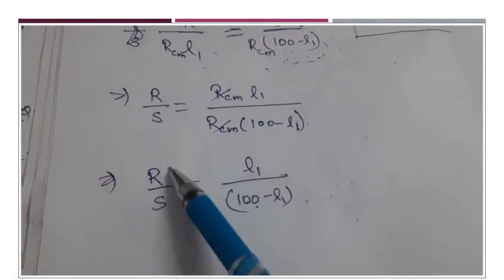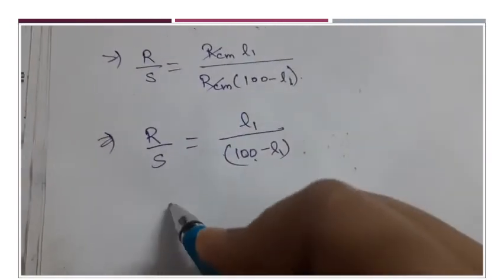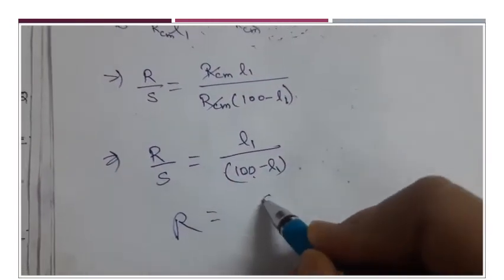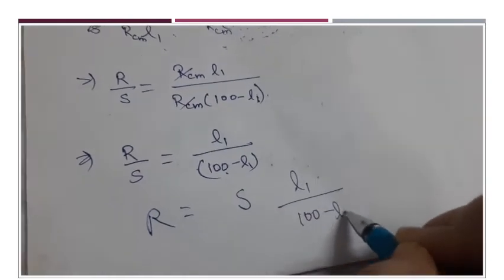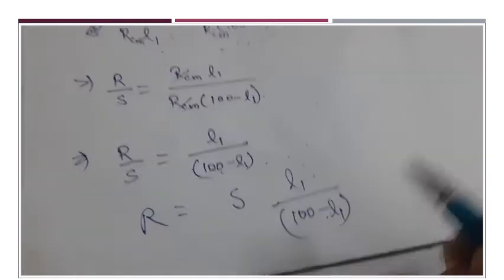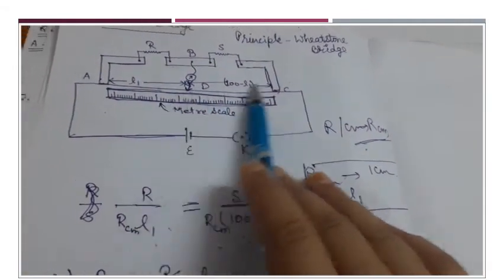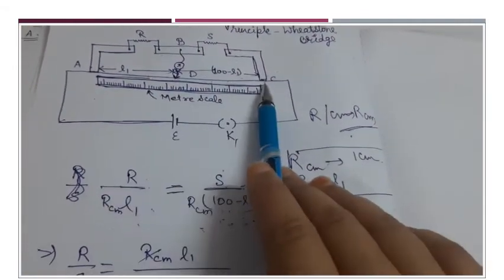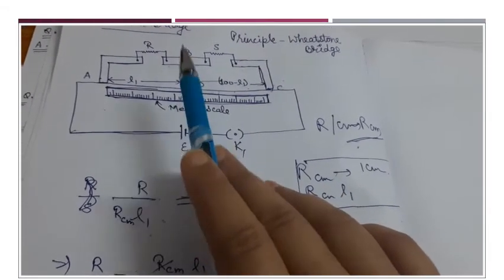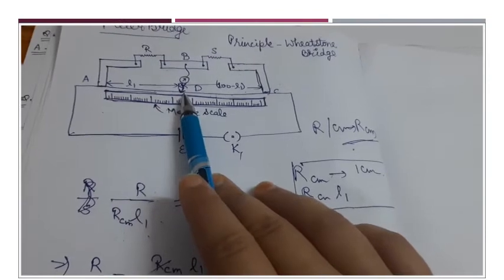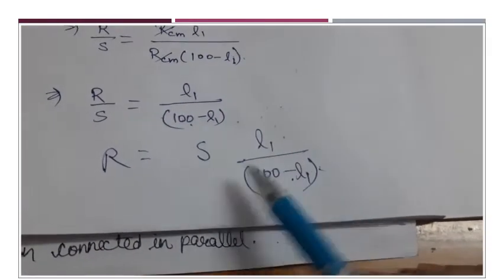Here R is the unknown resistance, so we can easily find R by the formula that we obtained. In this way, only by determining the balancing length from the experiment, by sliding the jockey over the wire and obtaining the balance or null length, the zero deflection point in the galvanometer, we obtain the length and we can simplify.